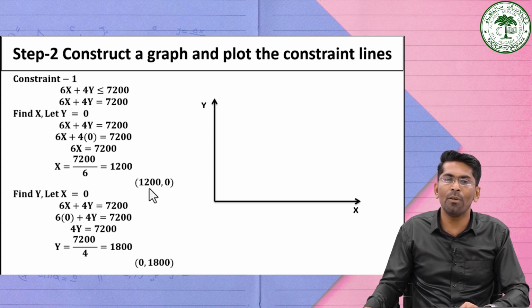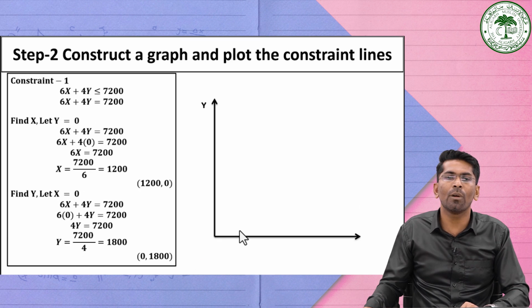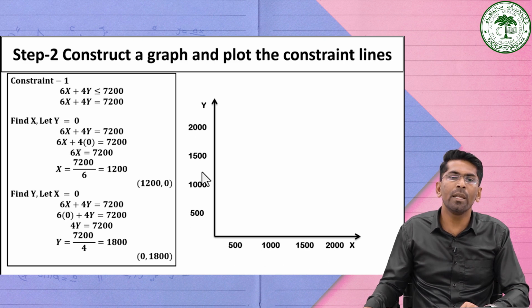Here the maximum value of x is 1200, and the maximum value of y is 1800. So we are going to take 0, 500, 1000, 1500, 2000 similarly on both axes, that is the x and y axis.